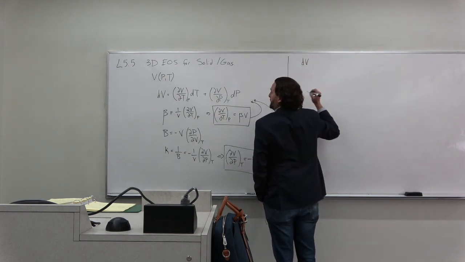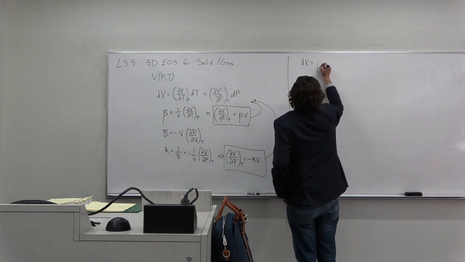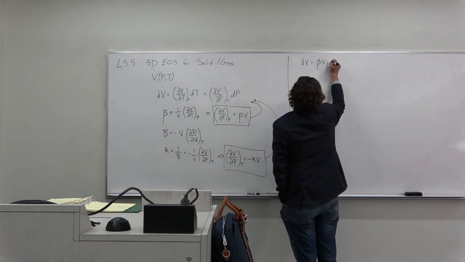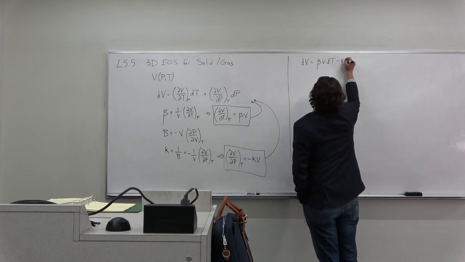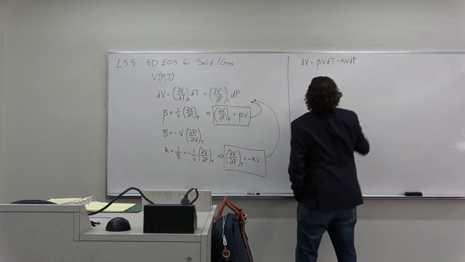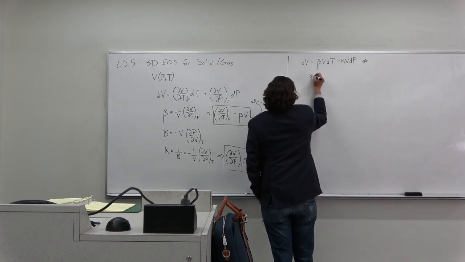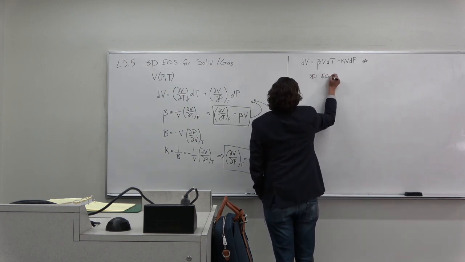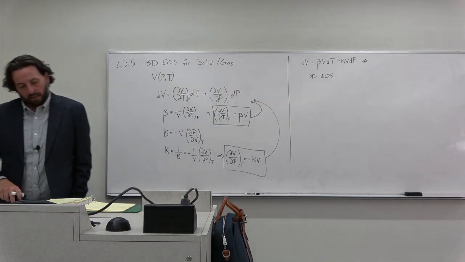Our dV is equal to beta V dT minus kappa V dP. And now we have our 3D equation of state for a liquid or a gas.